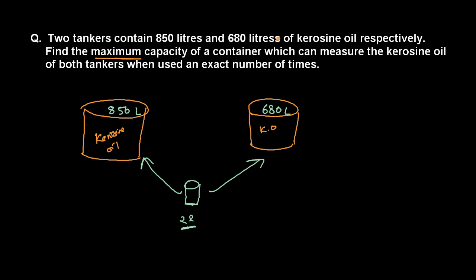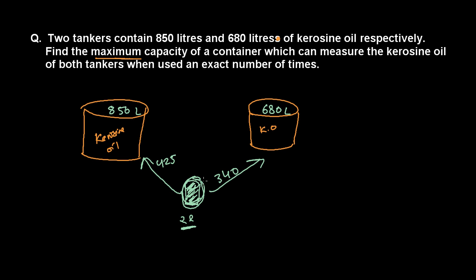So this tanker's oil is exactly 340 times the oil of this smaller container. Similarly, here you'll get 425 times.